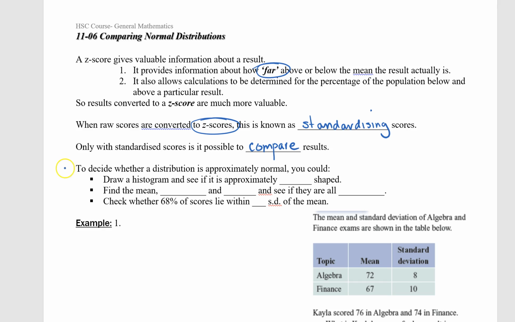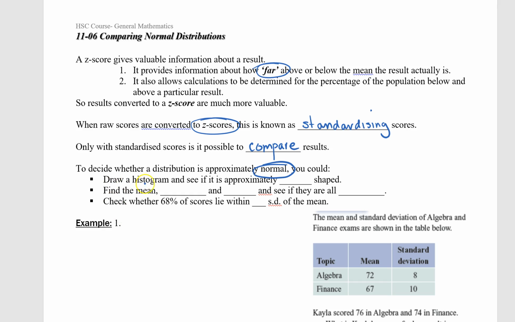The other reason that we look at Z-scores is because sometimes we're asked to decide whether a distribution is normal.